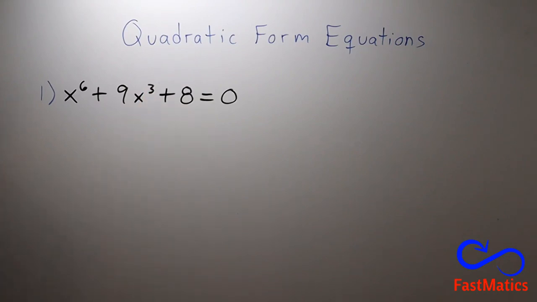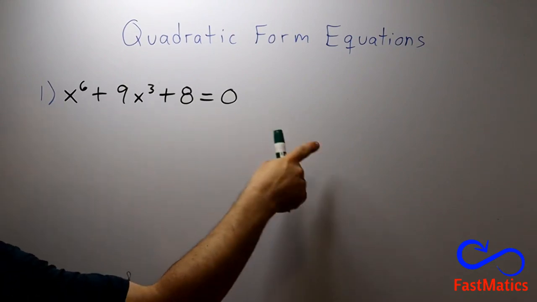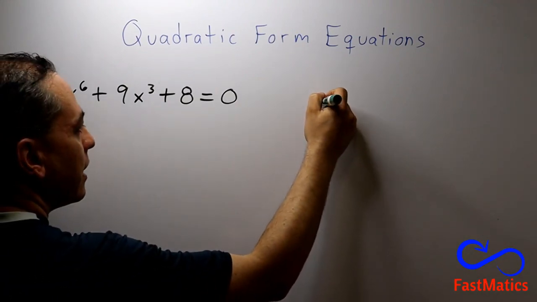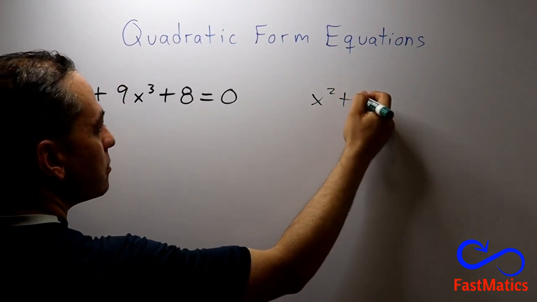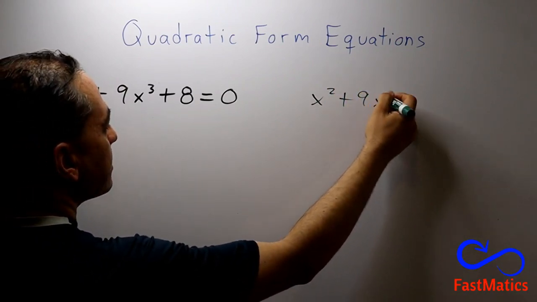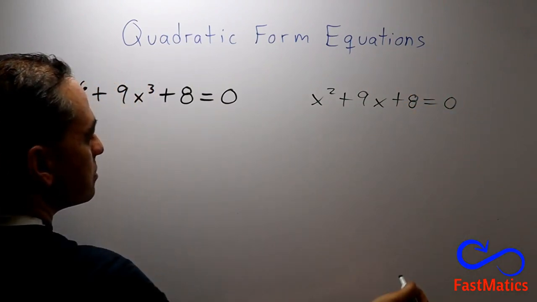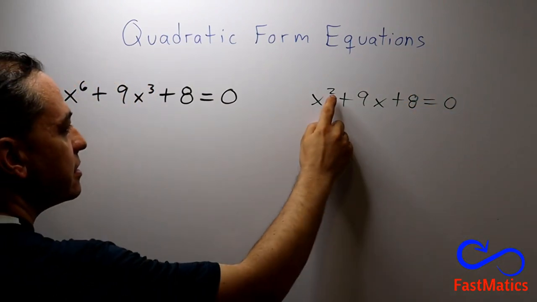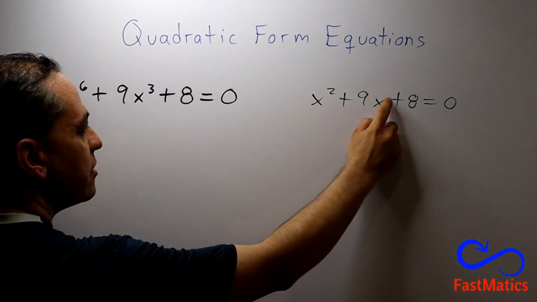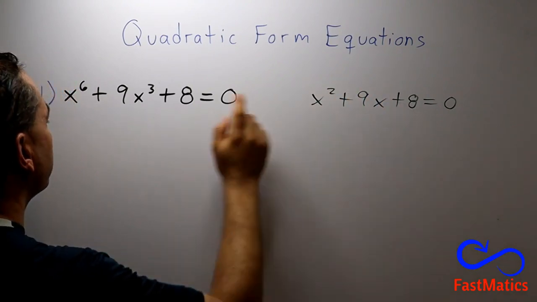So we can imagine that we have an equation similar to x squared plus 9x plus 8 equal to 0. Can you see here the exponent is twice the exponent that is here?